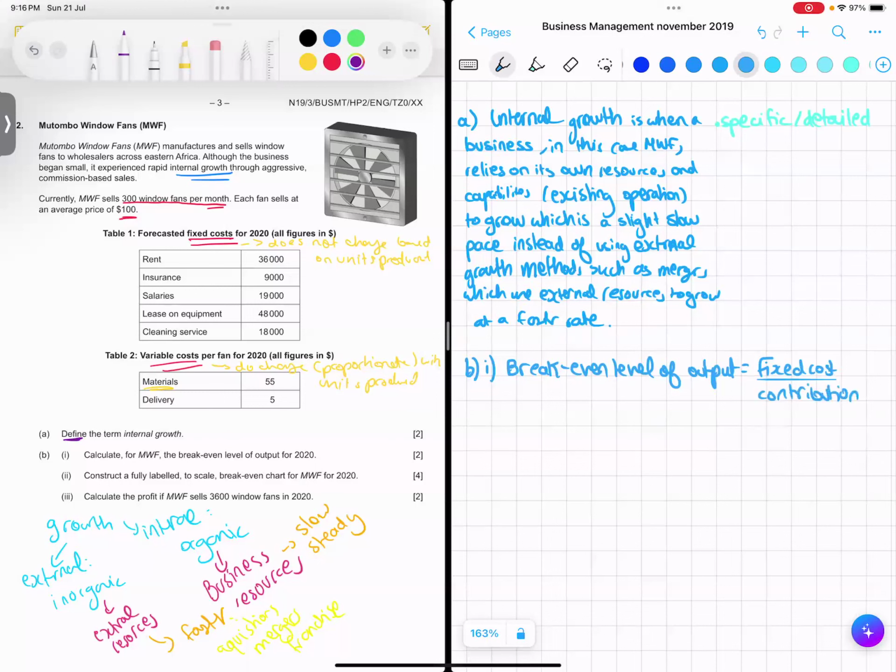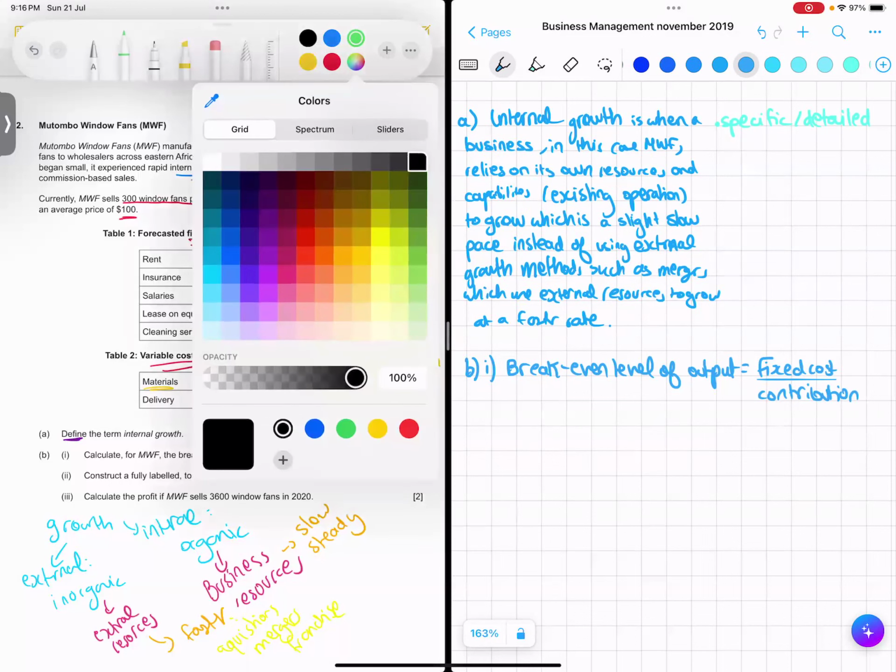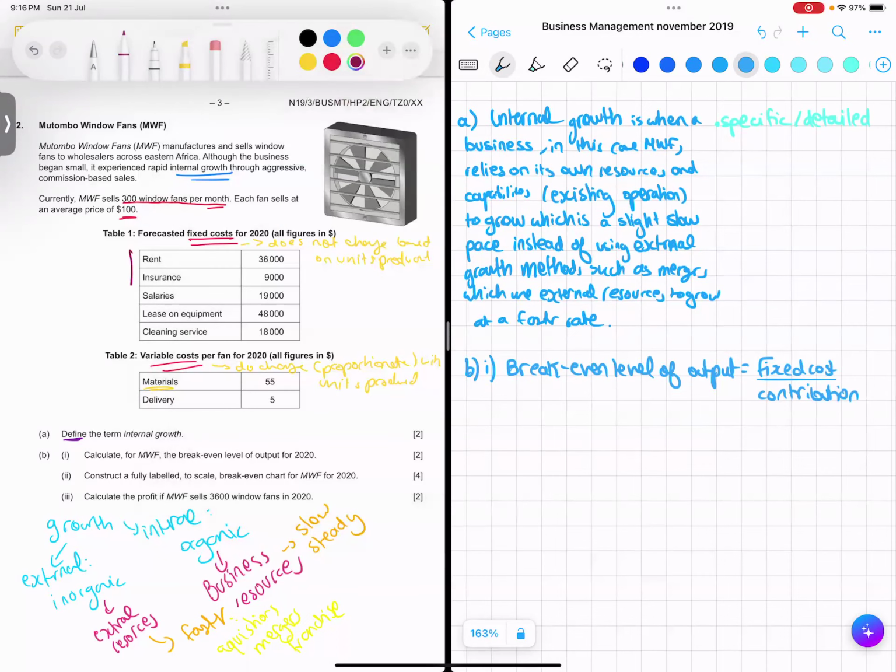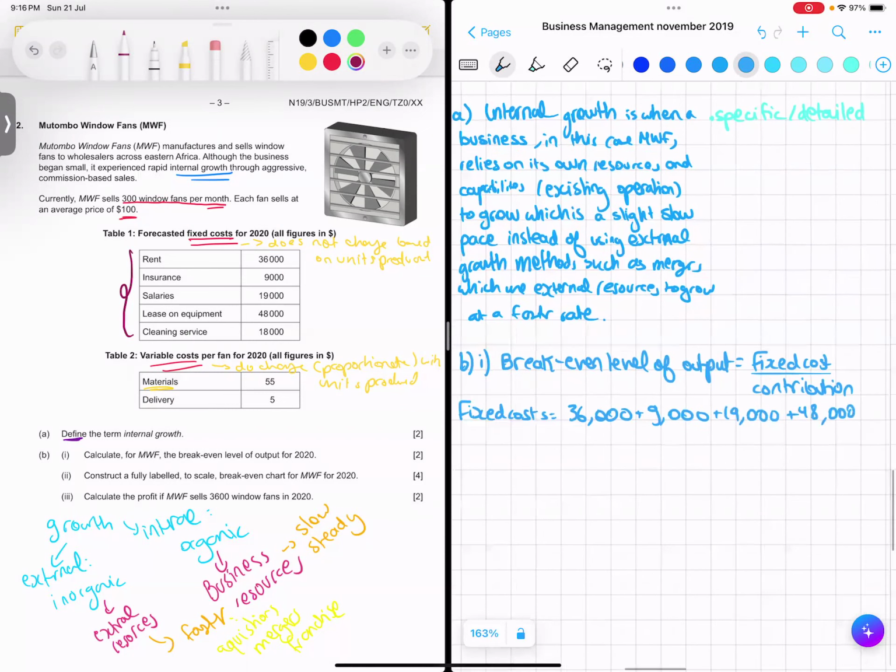In this case, they were nice enough to give us the whole table for fixed costs. So here we just have to add the fixed costs. Fixed costs are equivalent to 36,000 plus 9,000 plus 19,000 plus 48,000 plus 18,000, right?